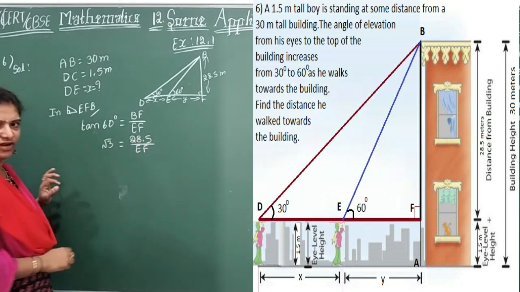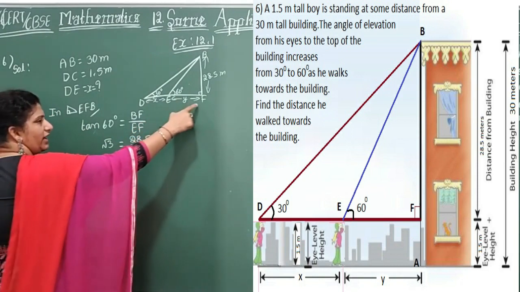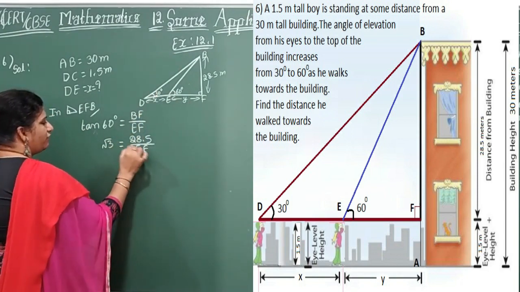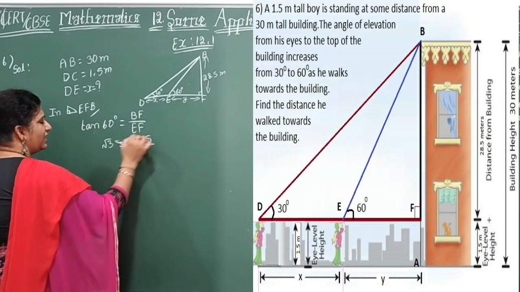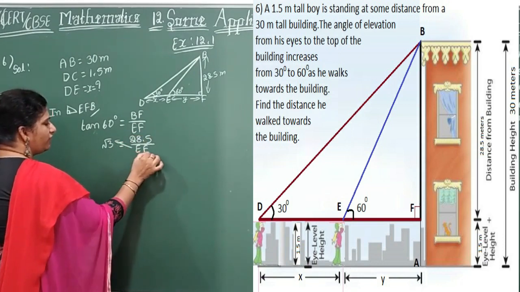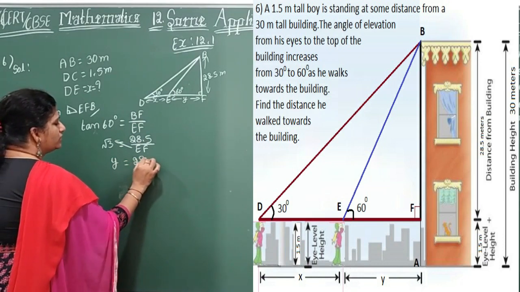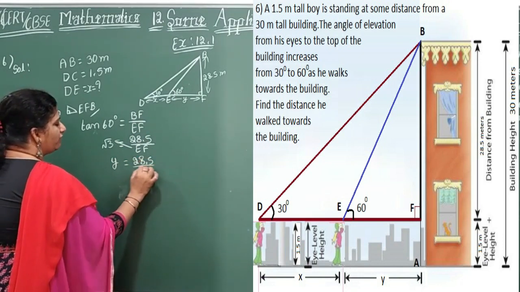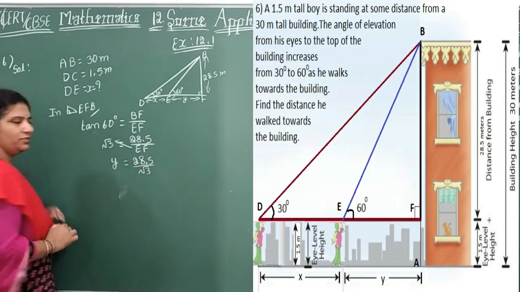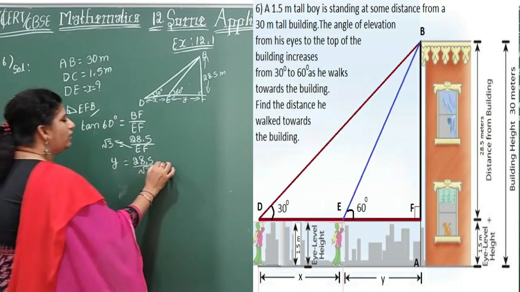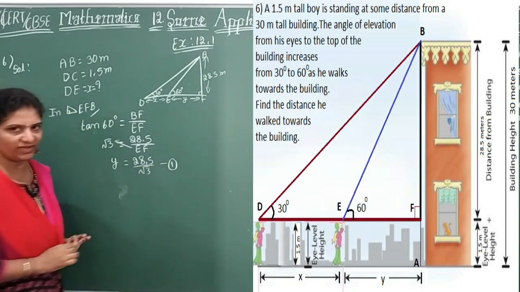We don't know EF, right? So EF, if you want, you can write it as Y. Therefore, sending this side and this side, instead of EF, I am writing here Y is equal to 28.5 by root 3. Okay, let's stop here. You can mark it as the first equation.